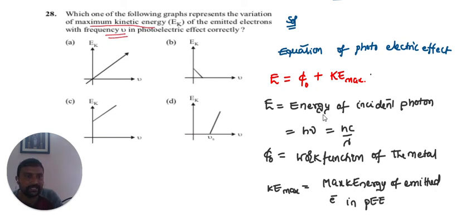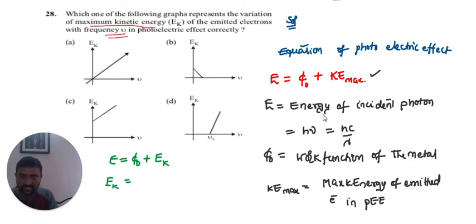Now I will take this equation again to observe these options and see which one is right. E equals phi naught plus KE maximum. On the y-axis is KE maximum and on the x-axis is frequency.